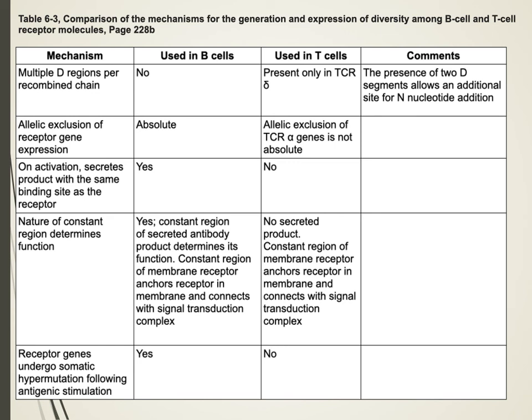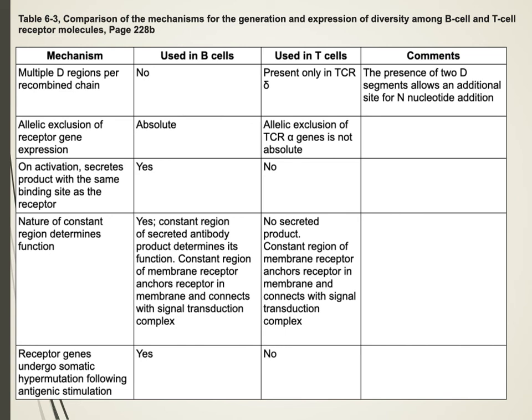And then looking at the constant region, for B cells, that constant region determines the function, what happens, because the antibody gets secreted, other cells can bind to that constant region, and depending upon what constant region, it can bind to different receptors that give you different signal transduction pathways activation.